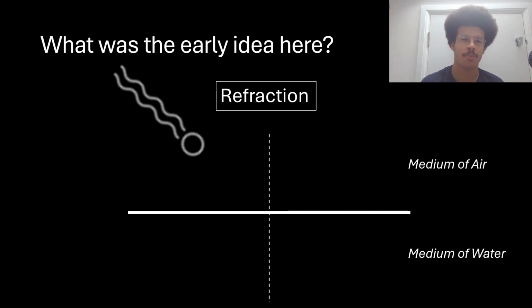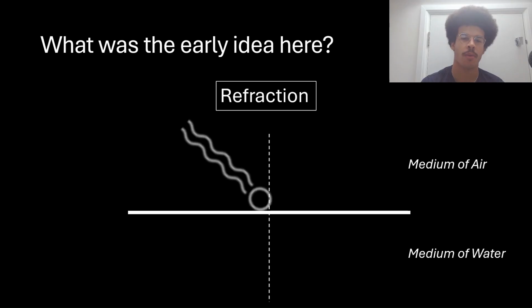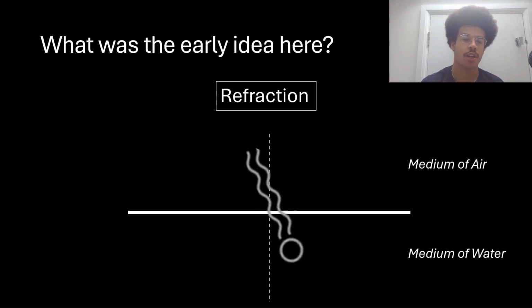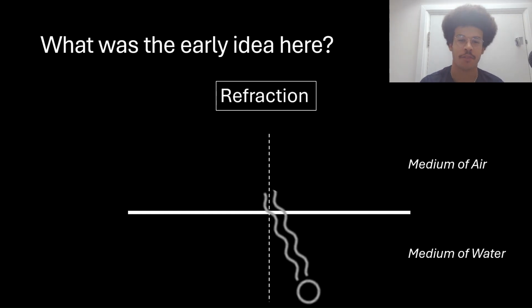And this is because of refraction. What happens is, as light travels from one medium to another, it changes direction. It's quite an interesting phenomenon, and it makes things look different in water from where they truly are when looking from the surface.